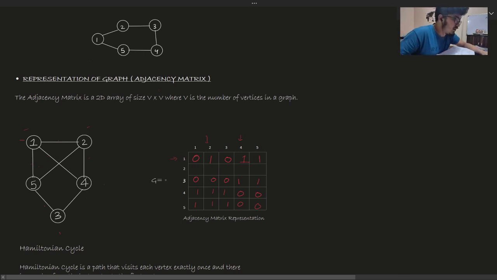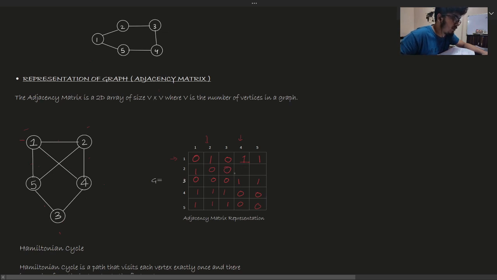Again, we check for 2 and 1. Is there an edge between 2 and 1? Yes, we have. Between 2 and 2? No. Between 2 and 3? No. Between 2 and 4? Yes, we have.